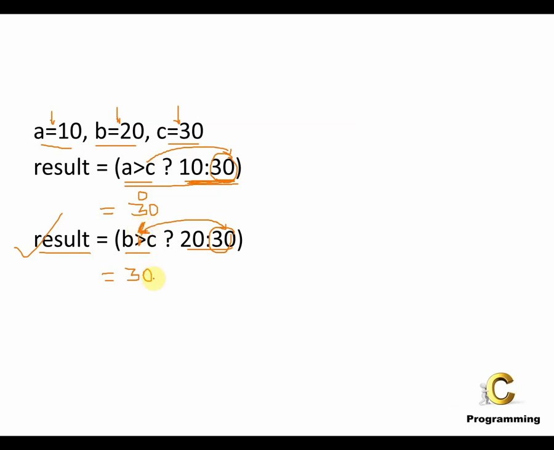In that case, since B is less than C, it is true, hence expression 2 is evaluated, and we would get an answer of 20. So this is how the conditional operators function in C.